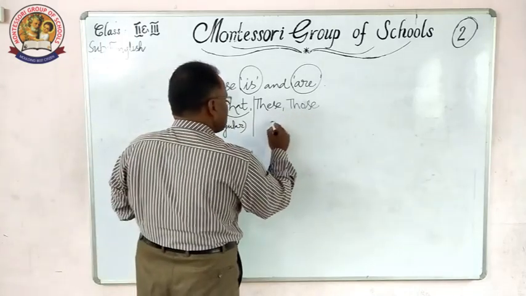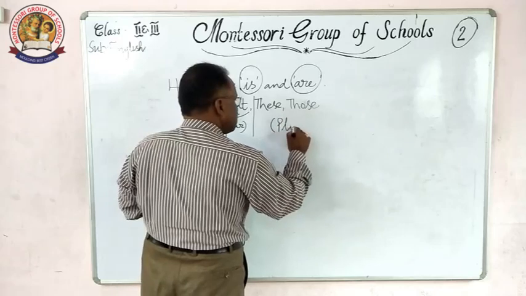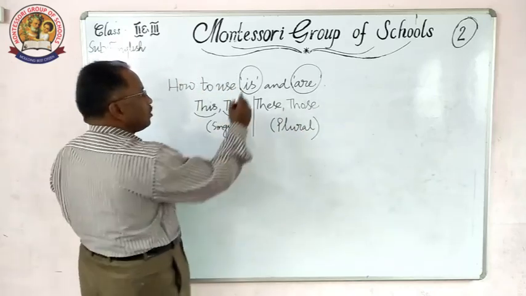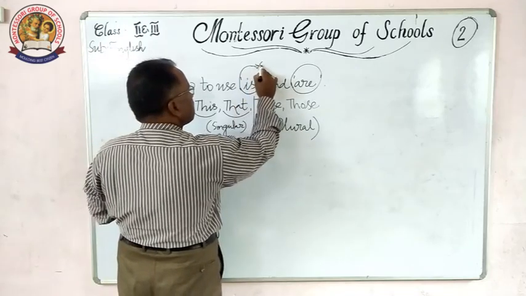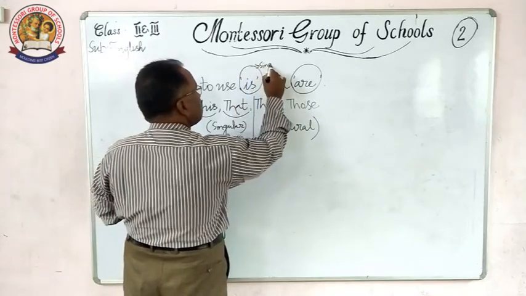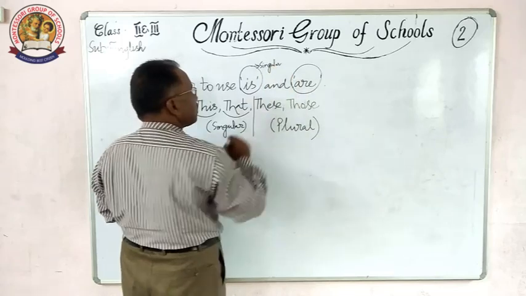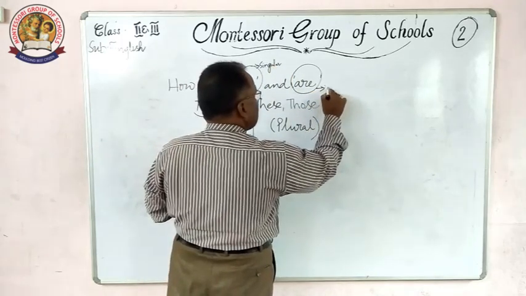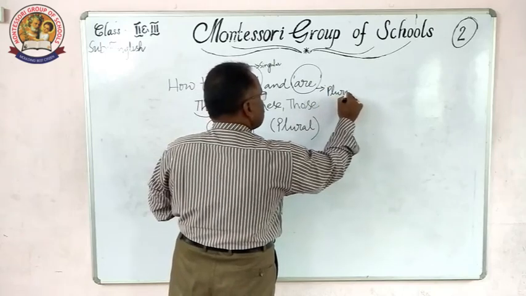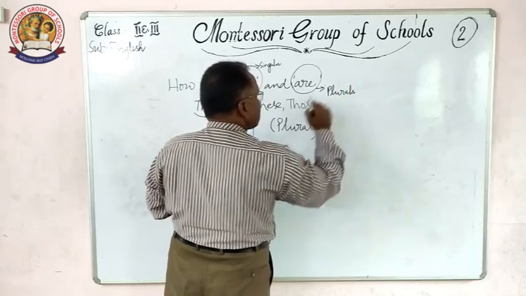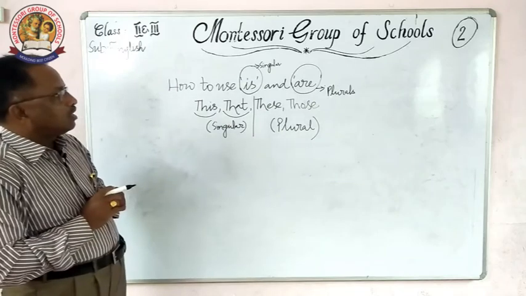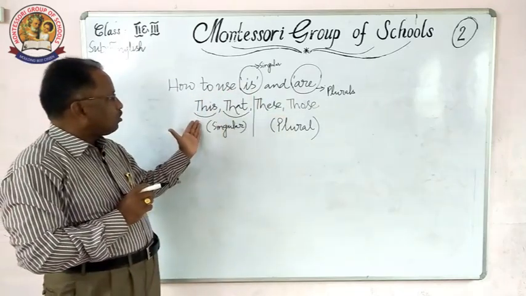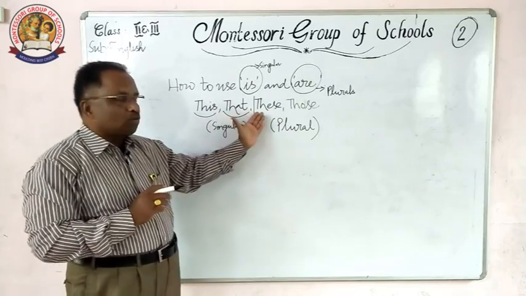These and those are considered plural. So is we use with a singular noun or pronoun and are we use with plural nouns or pronouns. Here we have singular pronouns and plural pronouns.